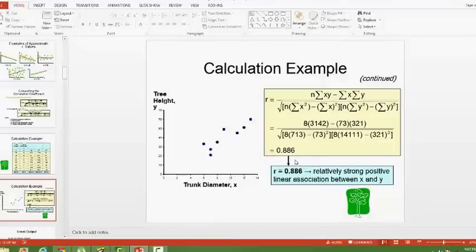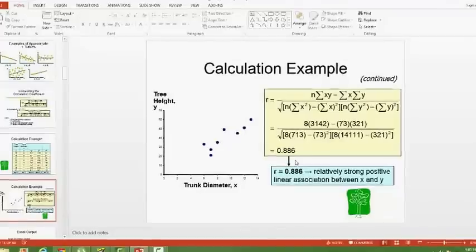That's fairly close to 1. We can say that there is a strong positive linear association between x and y. So what does that mean? If you increase x, y also increases, so they move in the same direction. X and y move in the same direction.